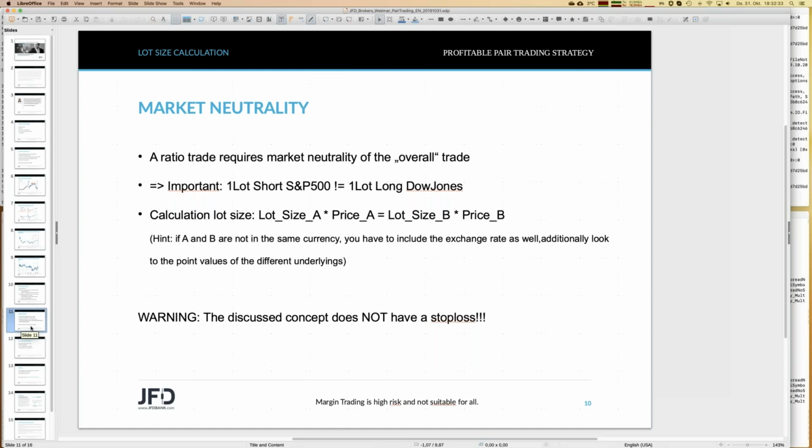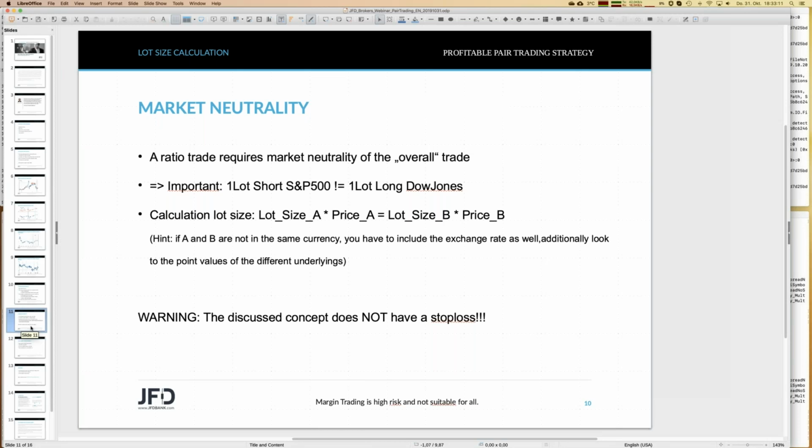You may think, hey, isn't it about the same? For both, 1 point is $1, in this case because of dollars. No, it's not the same. They have different prices. So think about earnings. You go for two long trades, S&P 500 and Dow Jones. You open one lot trade for both, and now I have to think more in percent.